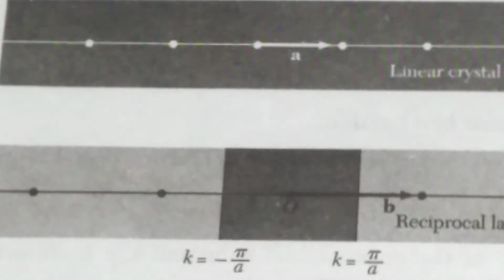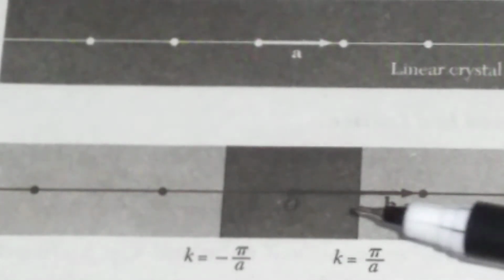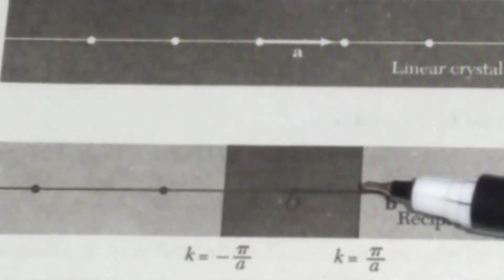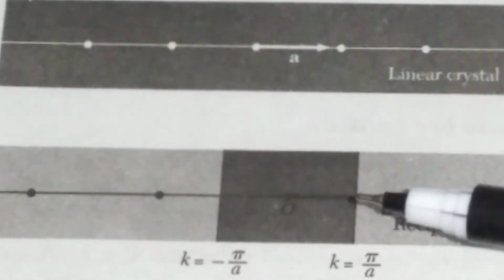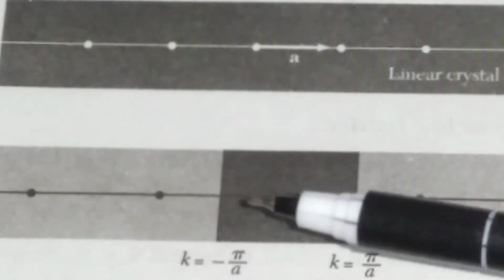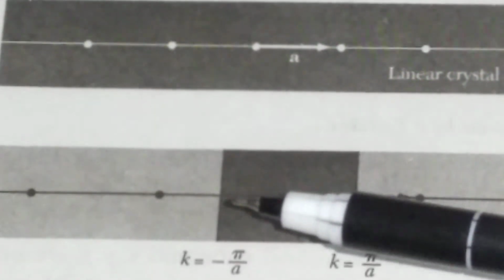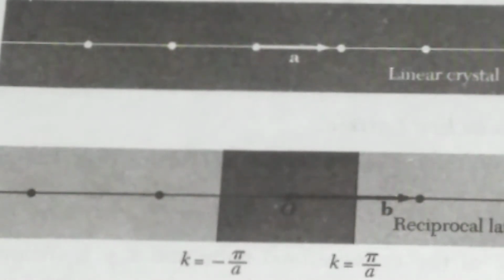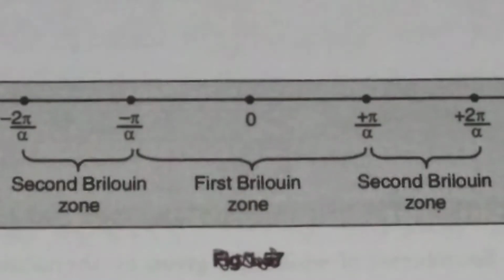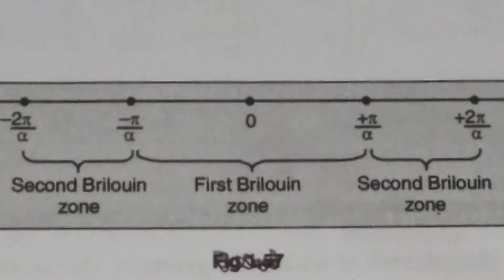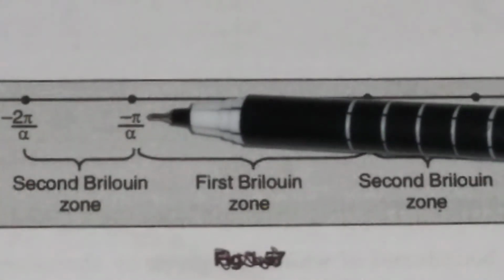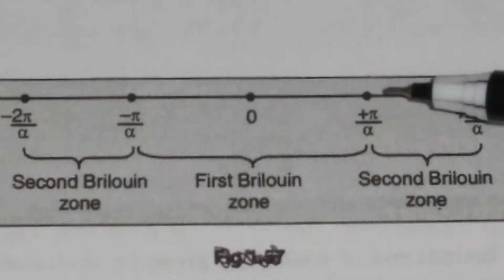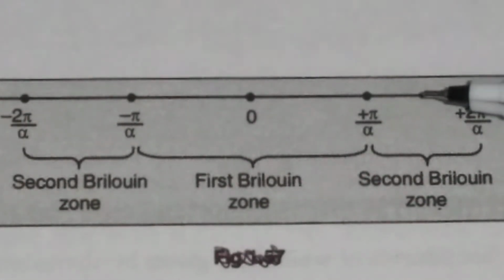So remember, the region in K space between minus π/A and plus π/A is called the first Brillouin zone. So here also you see the region between minus π/A to plus π/A is called the first Brillouin zone.